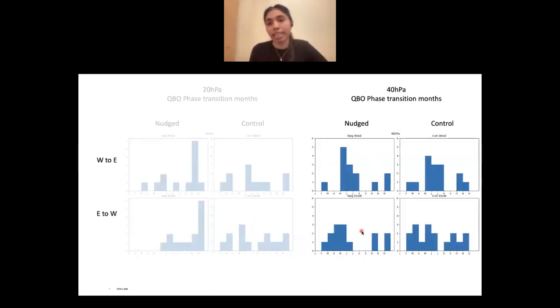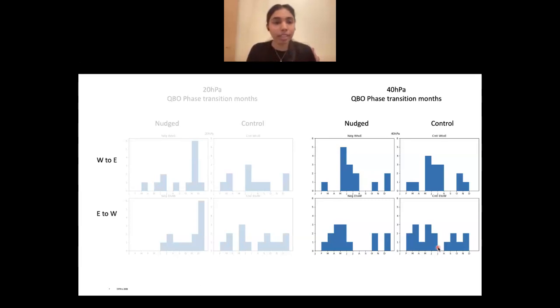At 40 hectopascal, nudged runs have a preference of May, June, July, and control is all over the place. So this suggests that in the control run, without this nudging, the model fails to introduce this annual variability of QBO, and this is somehow affecting the semi-annual oscillation annual variability too.